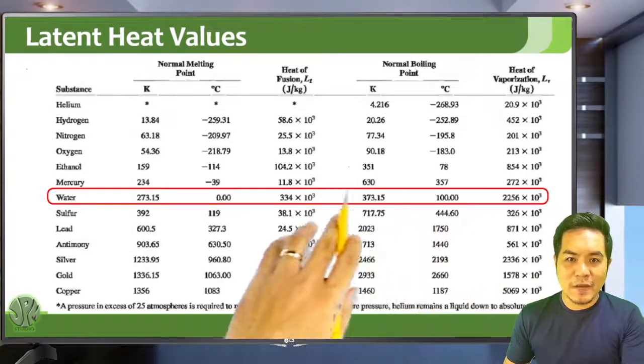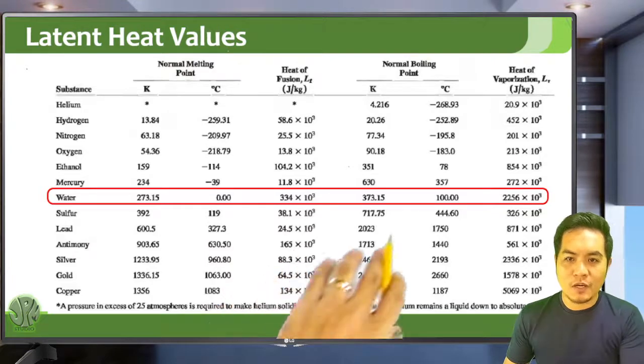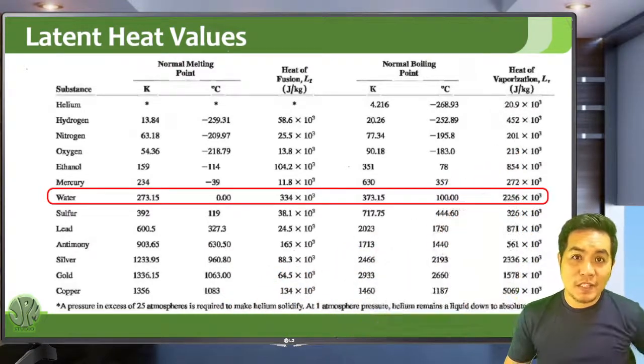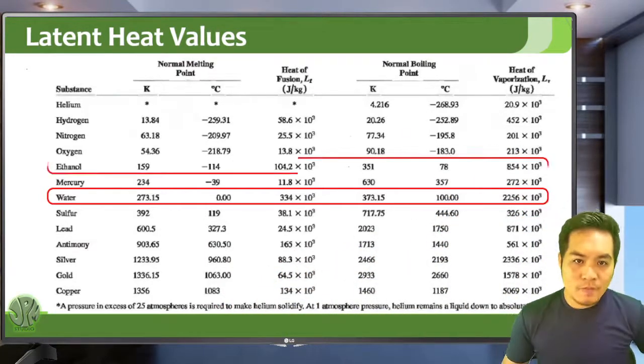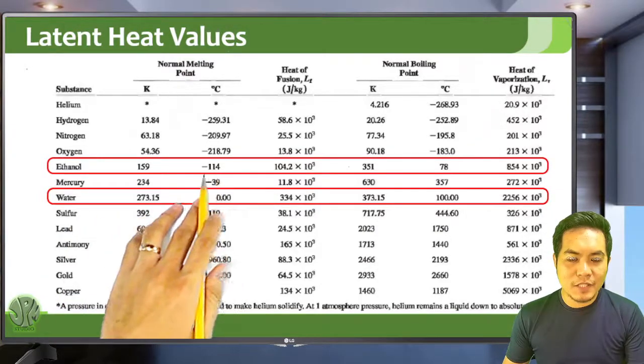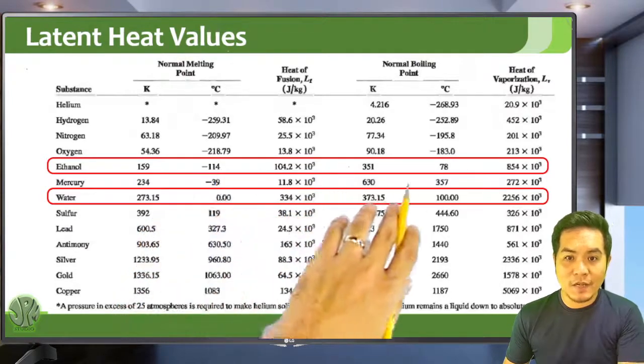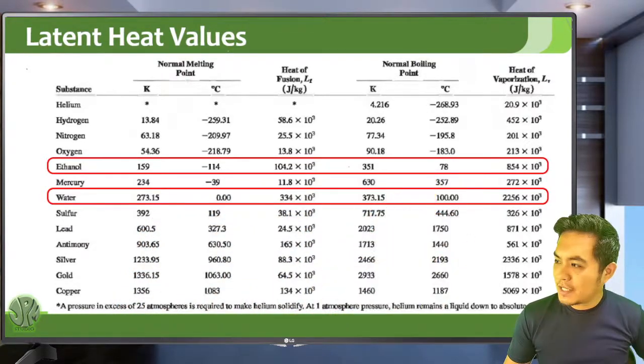So you will notice in the pattern here, the heat of fusion values are usually much smaller as compared to the heat of vaporization values. This is just another example. You have ethanol. This is the melting point of ethanol, negative 114 degrees Celsius. Its boiling point is 78 degrees Celsius.